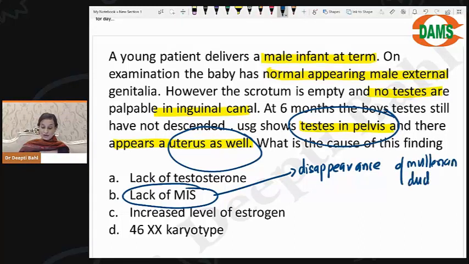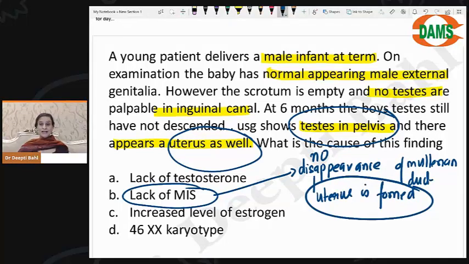Now here there is no MIS, and therefore there is no disappearance of the Mullerian ducts, as a result of which the uterus is formed. Also remember, MIS was responsible for the abdominal descent. And as you can see here, there is no descent. The testes are still in the pelvis, right? So the answer is B.